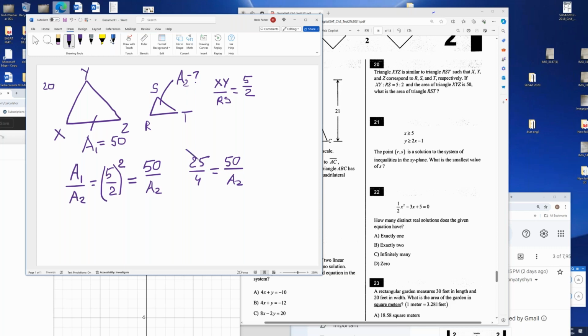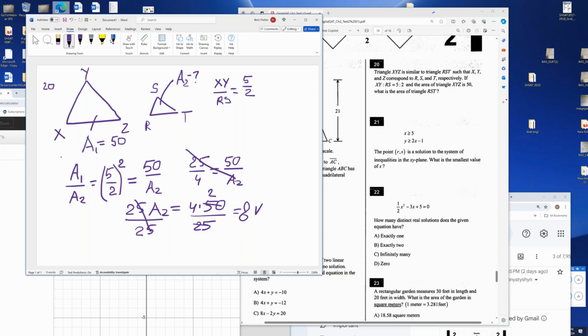So cross multiply: 25 A2 equals 4 times 50. Divide by 25, and the answer is 8.